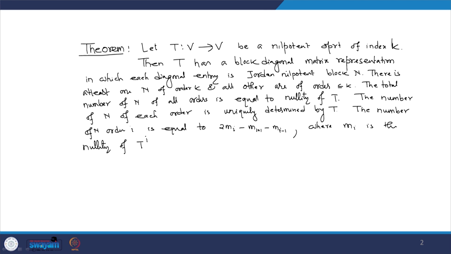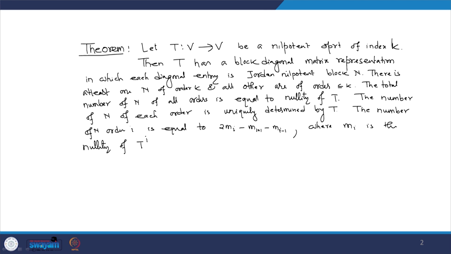The total number of Jordan nilpotent blocks will be exactly equal to the nullity of the operator T. Specifically, the total number of Jordan nilpotent blocks of a specific order, say order i, is uniquely determined by the relation: the number equals 2 m_i minus m_{i+1} minus m_{i-1}, where m_i is the nullity of the operator T to the power i.